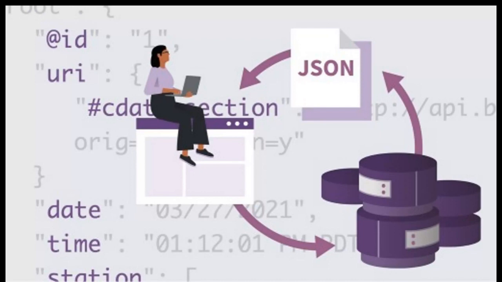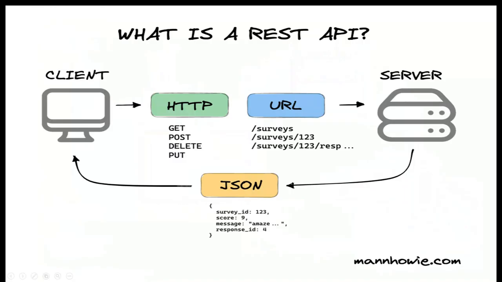In a web application, we generally call an API and it gives a set of information in JSON format. This is the API. Generally you see in the API that we take the JSON format.